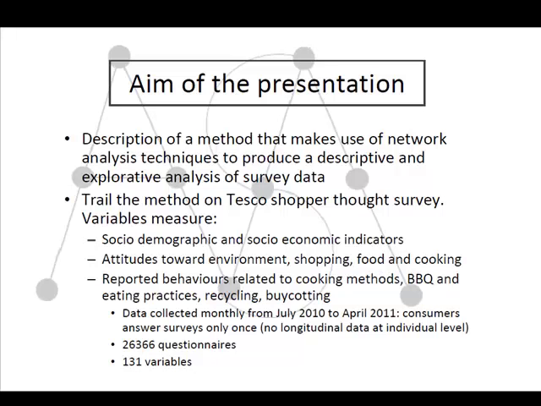But they also collect data on socio-demographic and socioeconomic indicators. They normally ask attitudes about environment, shopping, food, and cooking. They ask many other things, but these are the variables I was interested in.